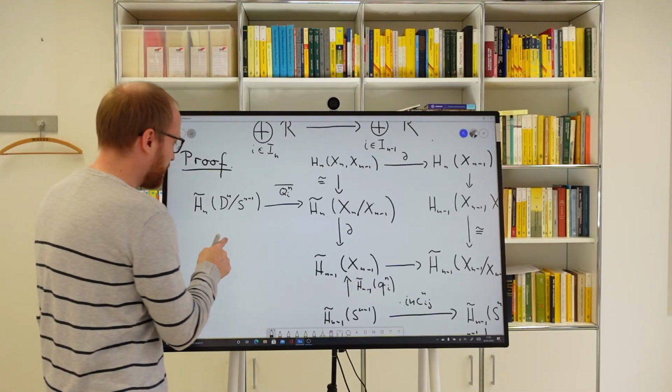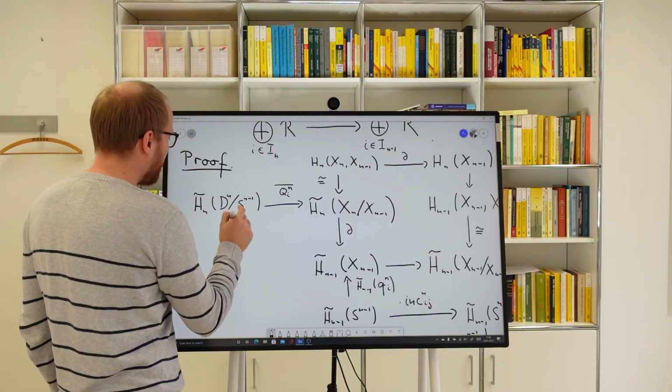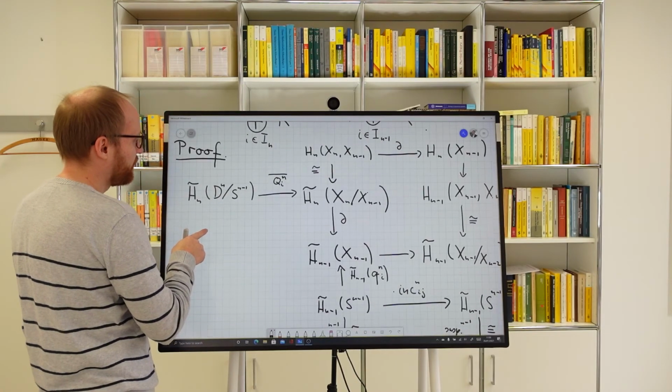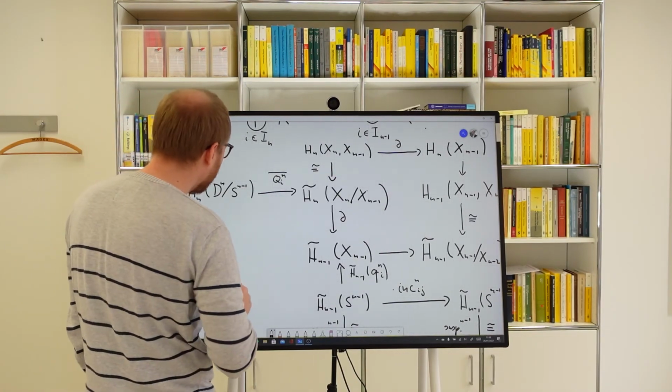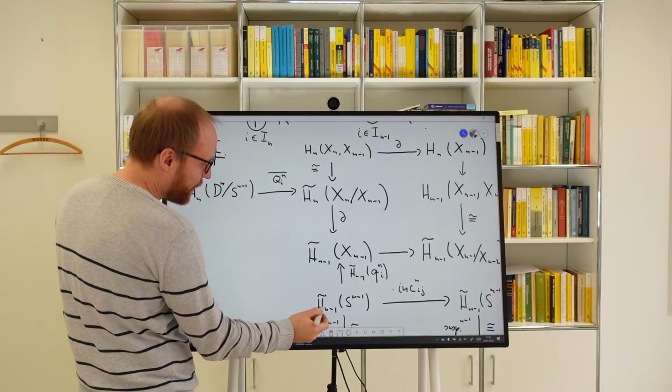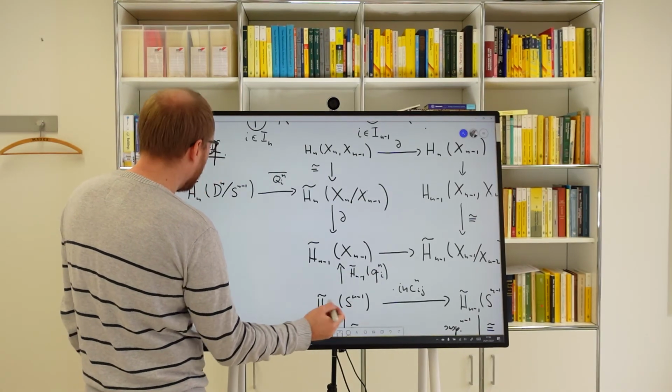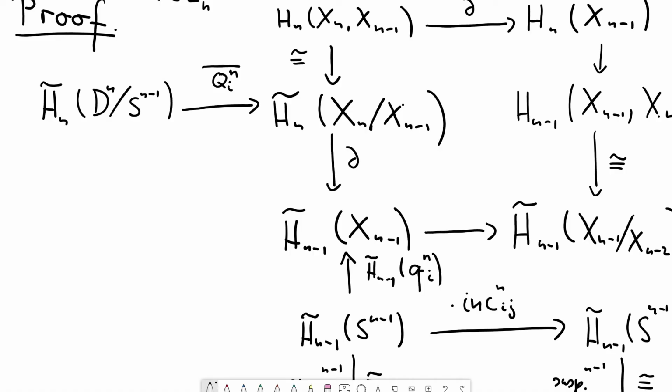Okay, so now let's connect this portion of the diagram, the nth reduced homology of the n-disk mod out the n-1 sphere, with this part here of the diagram. And we do so by, first of all, again applying our homeomorphism nu_n. So we use the induced map in nth reduced homology. And this is an isomorphism because it's coming from a homeomorphism.